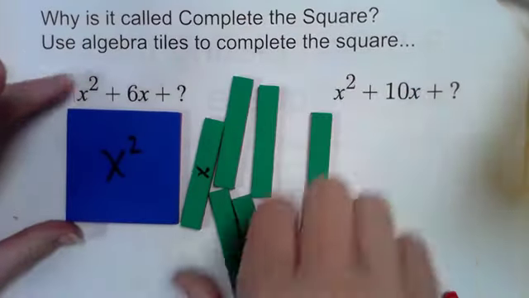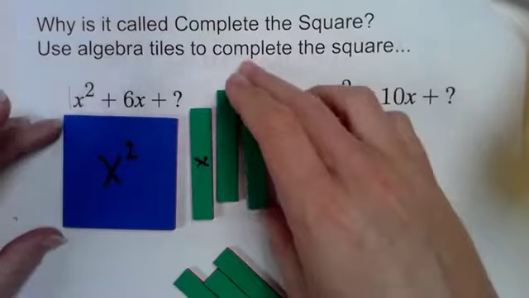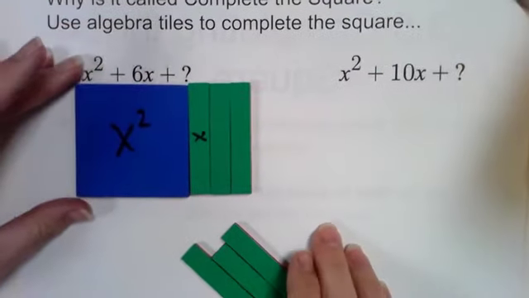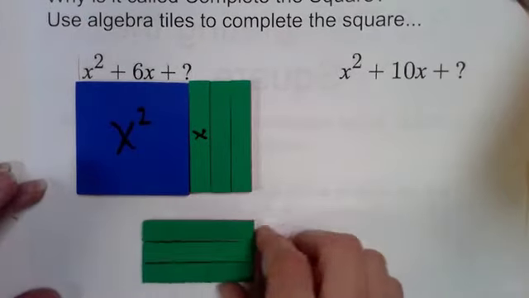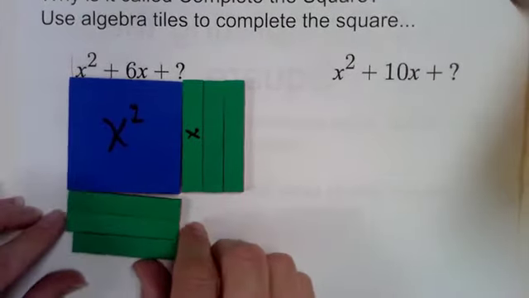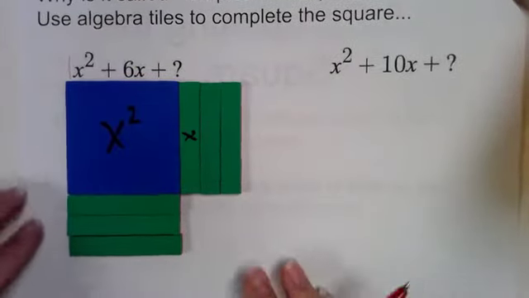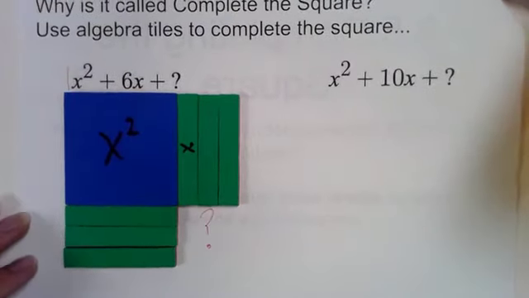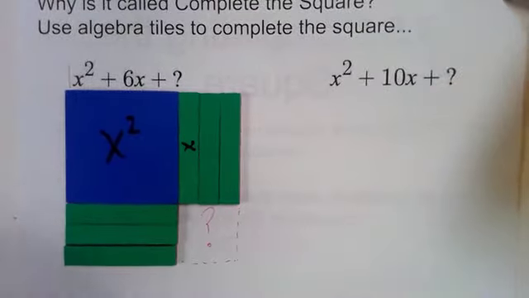I'm going to take these 6 x's and play around with them so that I get a nice little square with no gaps or holes. I'm going to take 3 of those x's, and then the other 3 x's. I still have 6 x's. I've just rearranged them. And then you'll notice I almost have a square, and this is the part that's missing. And our job today is to figure out what goes in there.